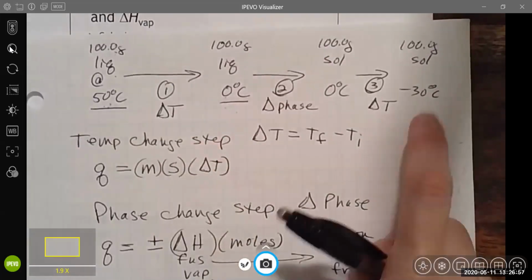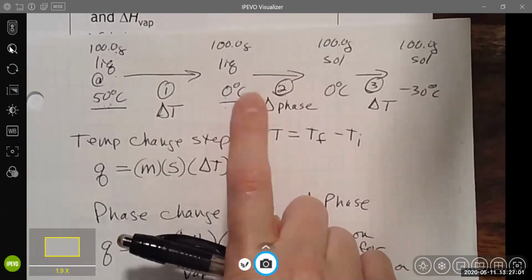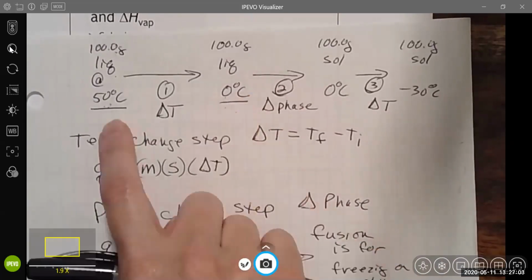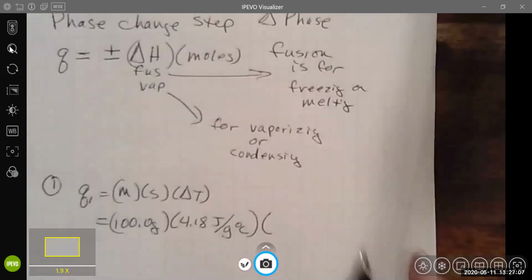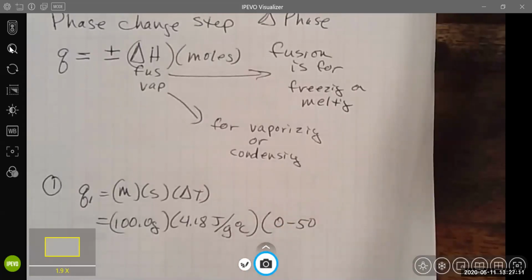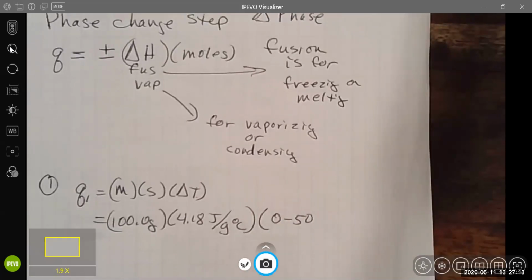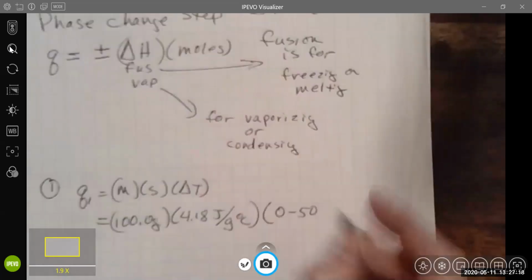Don't worry about the negative 30, that's another step. But for this step, 0 is the final, because we started at 50 and we went to 0. So final minus initial, 0 minus 50.